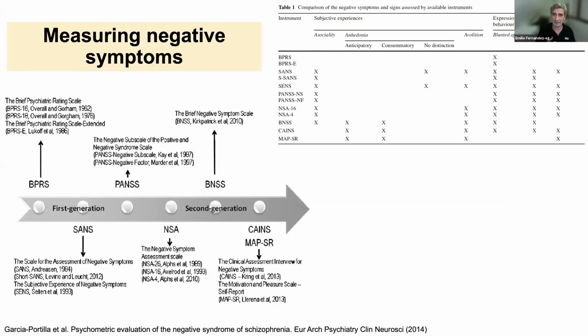Indeed, there has been an explosion of different scales that we have been using for measuring negative symptoms. And as you can see there, nothing has been really comprehensive or captures all the negative symptoms that we have been using.